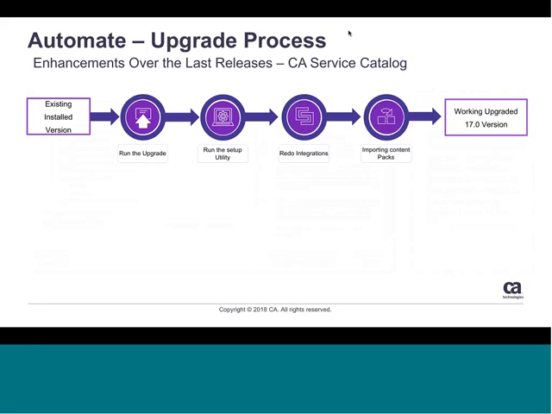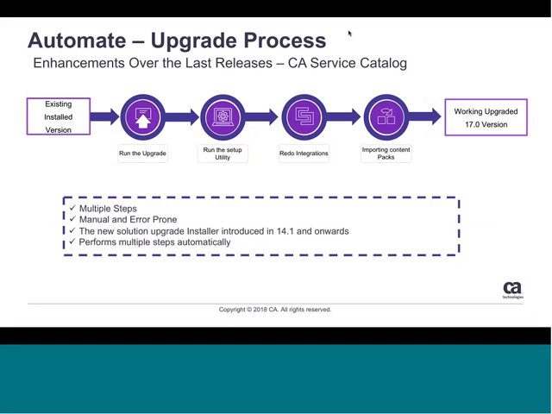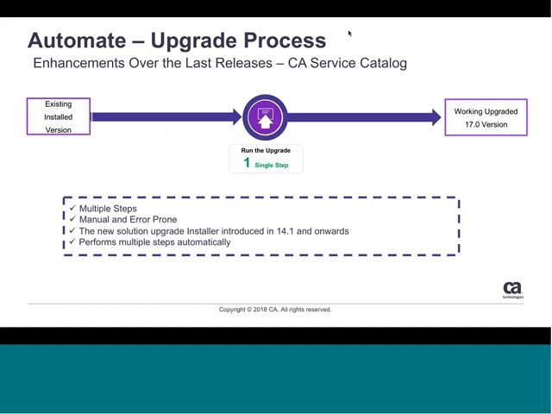You run the upgrade, you do the setup, you do the integration, content pack. Now, Common Installer was able to automate all these steps into a single step, so that upgrading to or installing the latest version is just one step, and you really do not have to run multiple utilities.